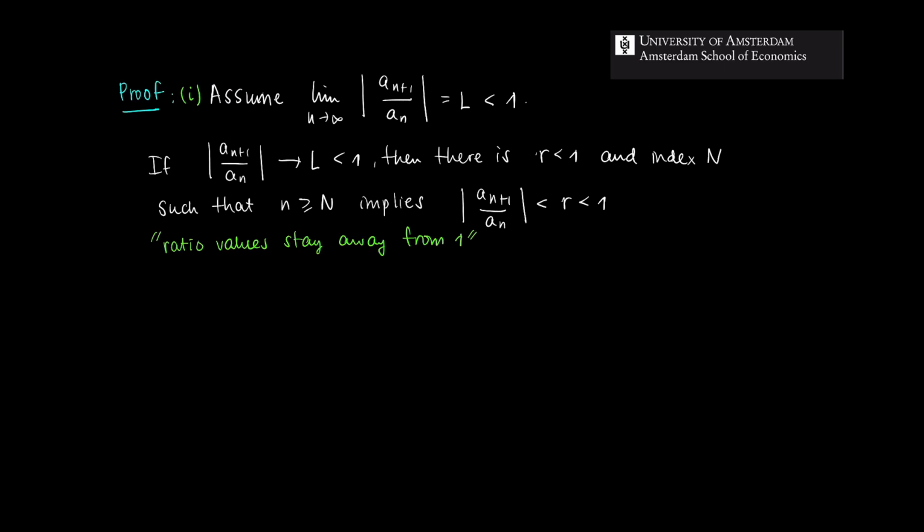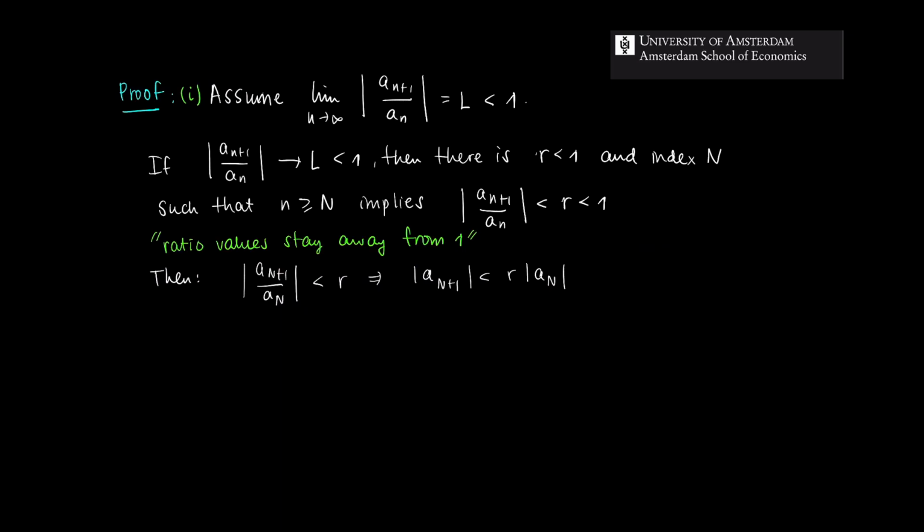Okay, what we then have is that if we now look at a_{N+1} divided by a_N, this one is also smaller than r. So, in particular, if we multiply on the left and the right hand side by a_N, then we see that the absolute value of a_{N+1} is smaller than r times the absolute value of a_N.